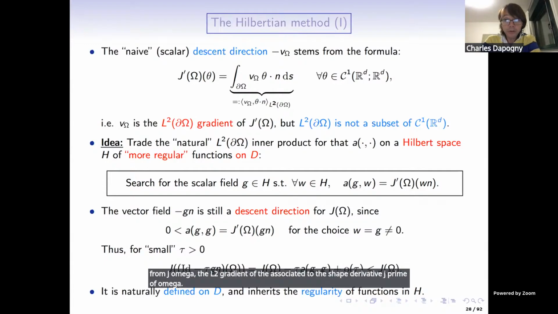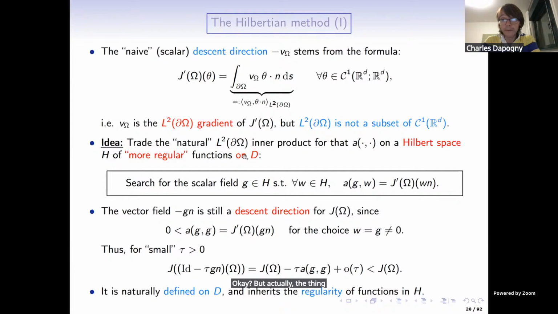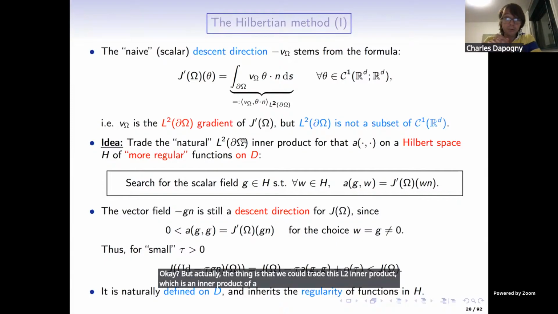Okay, but actually, the thing is that we could trade this L2 inner product, which is an inner product of quite irregular functions, since L2 functions are not very regular, for any other inner product on a Hilbert subspace of C1 of R^d.